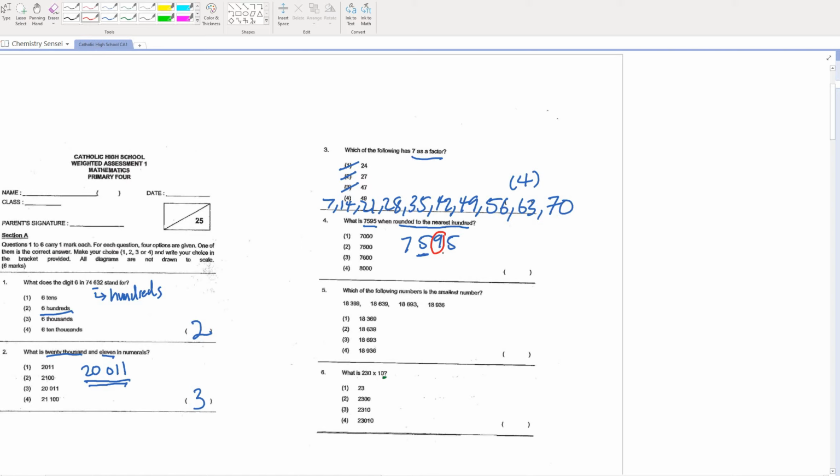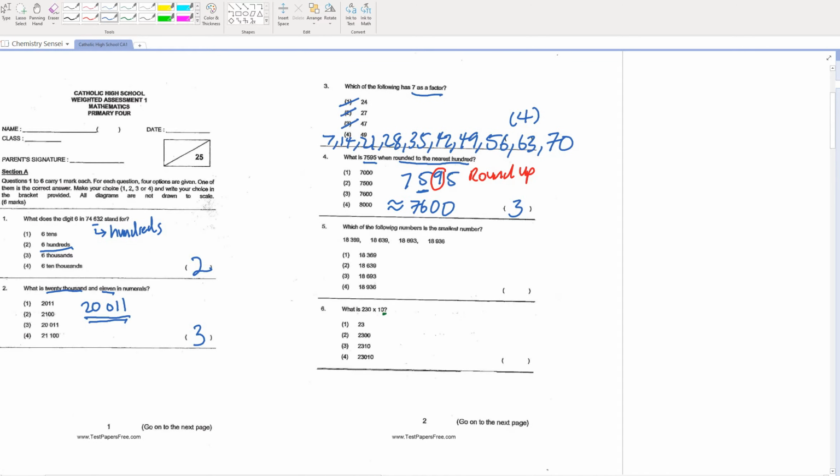As this number is 9, which is more than or equal to 5, we round up. Okay, so when we round the number to the hundreds place, we will have 7,600. So the correct answer is number 3.